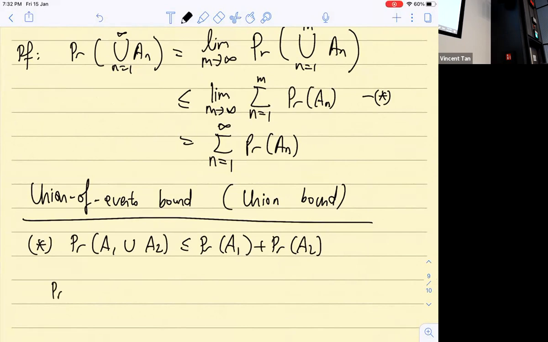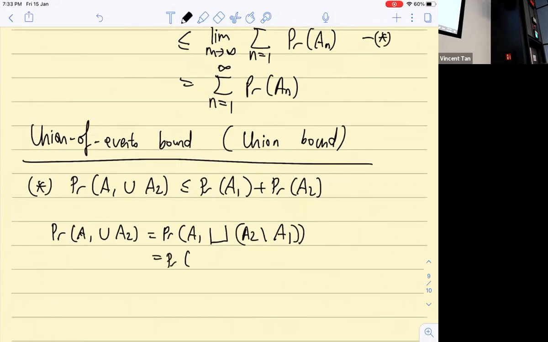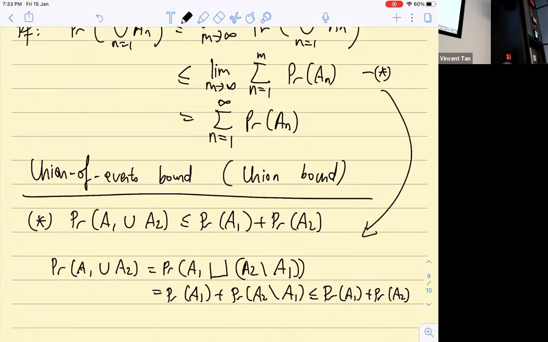But to show this is not so difficult. Probability of A1 disjoint union A2 minus A1, then by disjointness, probability of A1 plus probability of A2 minus A1 is less than probability of A1 plus probability of A2. Here we jump a step, and this is a justification. So M case induction.